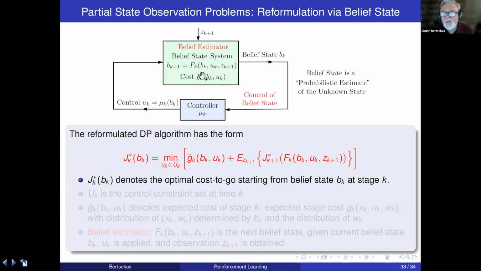And also you can formulate a certain cost that depends on the current belief state and the control. So this is our new system now, and the state is the belief state, and then the controller observes this belief state and applies a control as a function of the belief state.